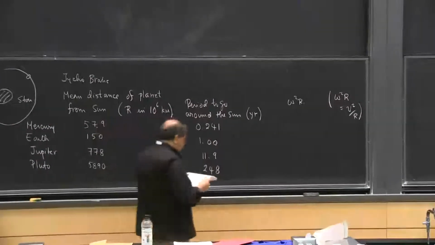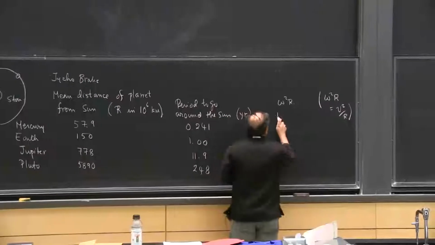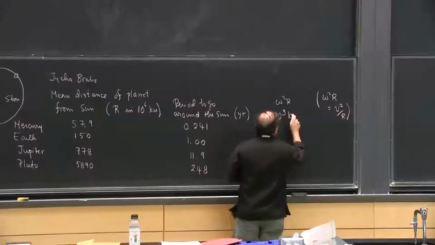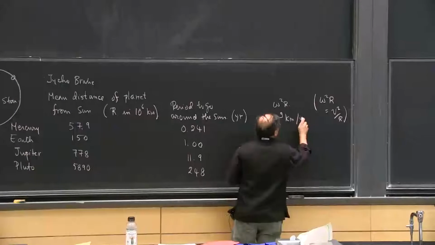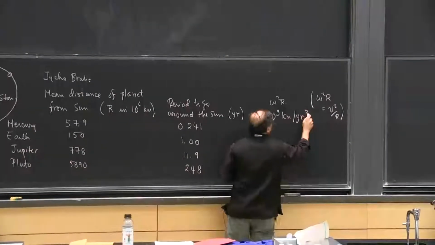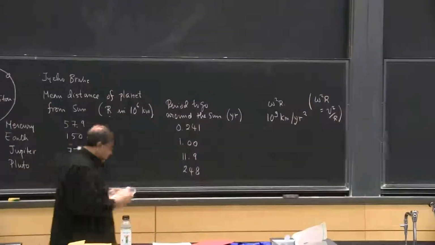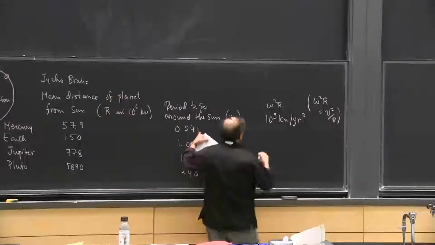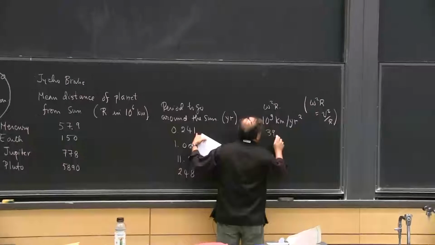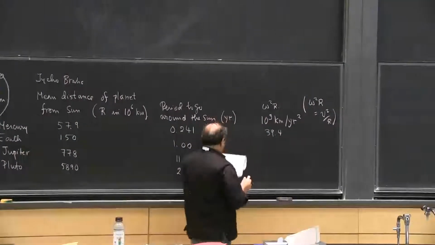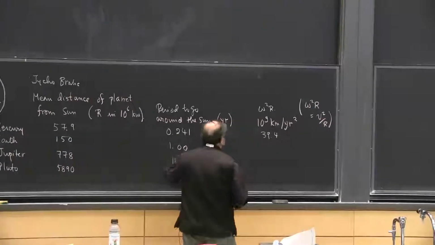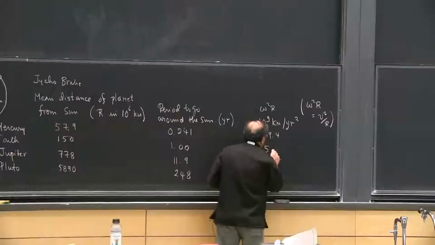So if you take omega squared r, the units will come out 10 to the 9 kilometers per year squared. Funny unit, but it's convenient. This turns out to be 39.4 times 10 to the 9 for Mercury. For Earth, it's 5.92. So these numbers are a little weird.